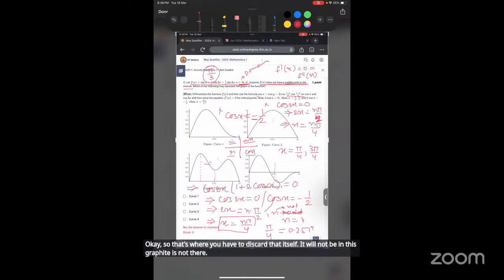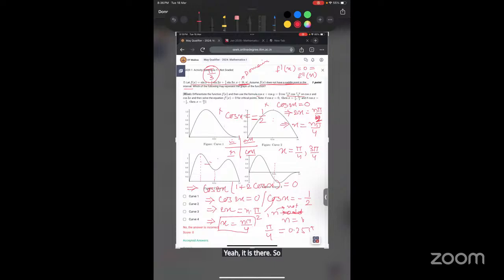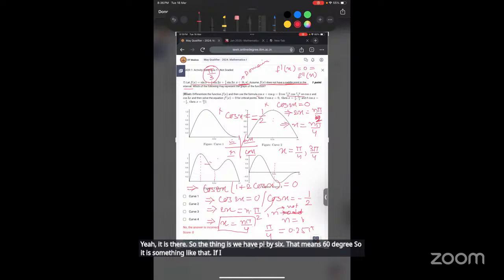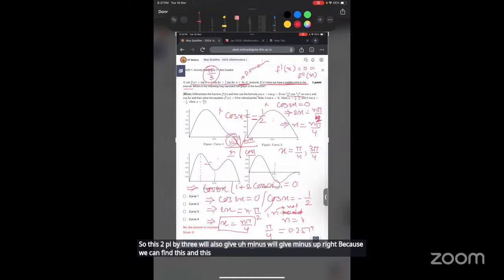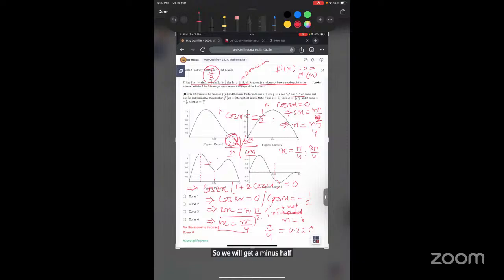No, yeah, it is there. The thing is, we have pi by 3, that means 60 degrees. If I add one more pi by 3, this 2 pi by 3 will also give minus, right? Because this will be in the quadrant of sine x. So we will get a minus half, right?